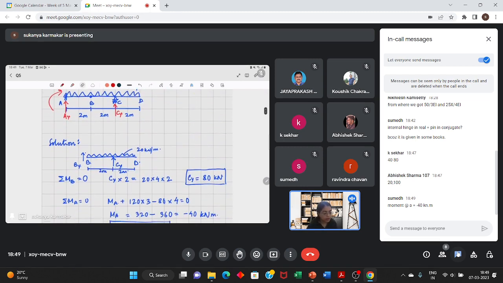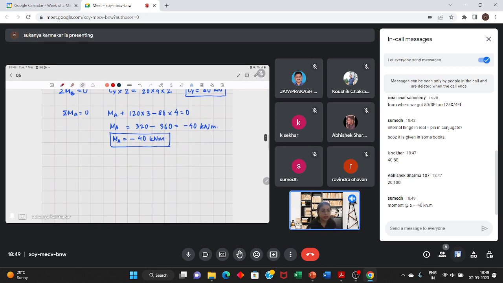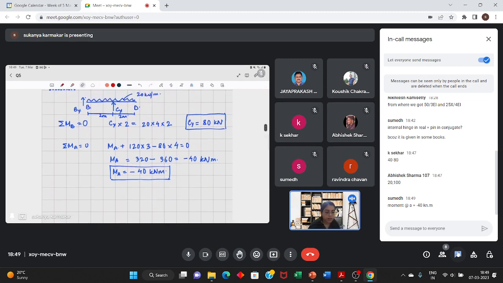So from here it is clear it is 40 kilonewton meter in the anti-clockwise direction. Right, moment at A is minus 40 kilonewton meter or 40 kilonewton meter in the anti-clockwise direction. This is done.